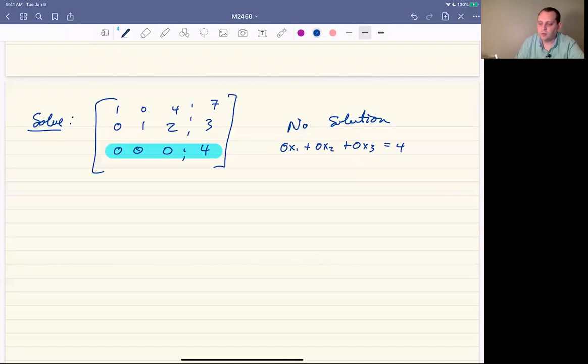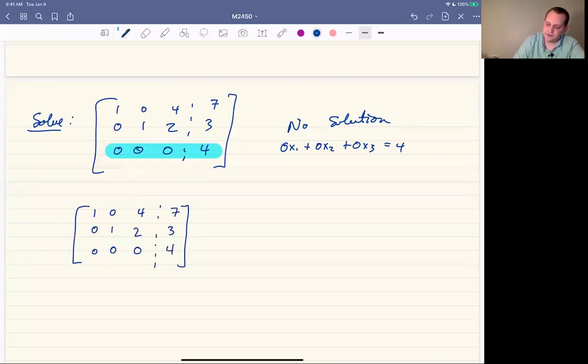Okay. One thing that I should have mentioned is when we write our augmented matrix like we did before, so let me just rewrite this, even though we know that this is a nonsense system, there's no solutions. This first part, which I'm going to highlight in yellow, is called the coefficient matrix.